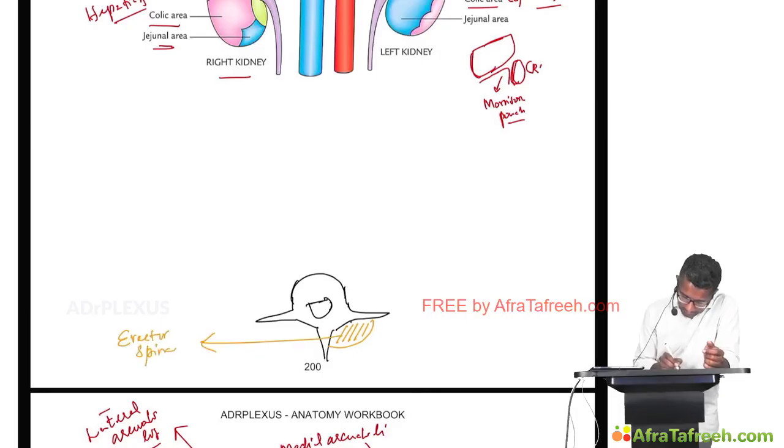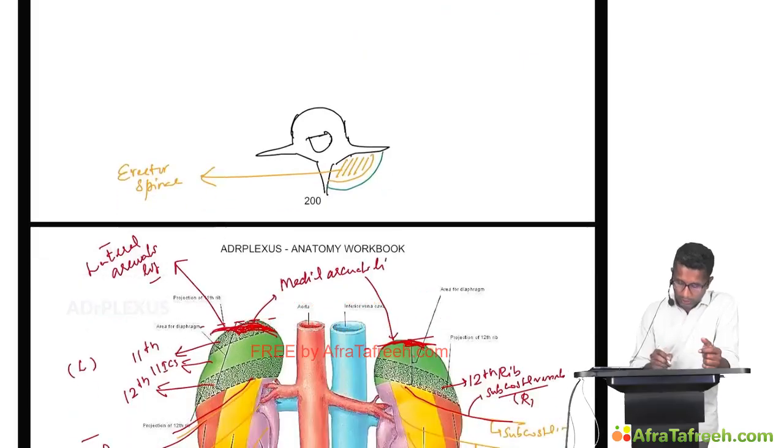This erector spinae muscle is enclosed by a sheath called the thoracolumbar fascia, and this layer is called the posterior layer of the thoracolumbar fascia.